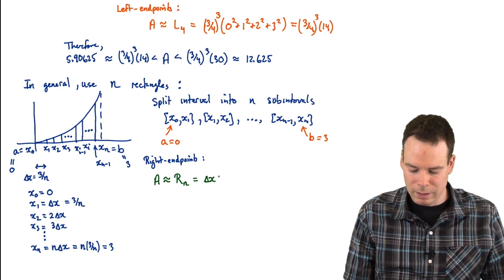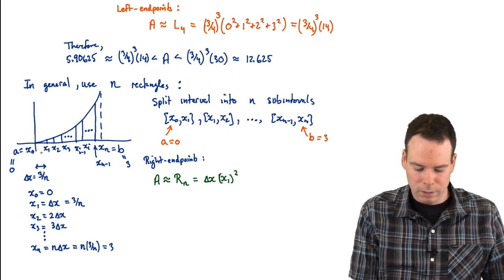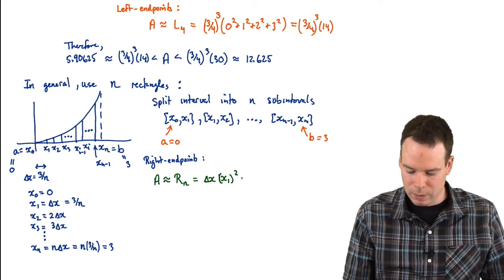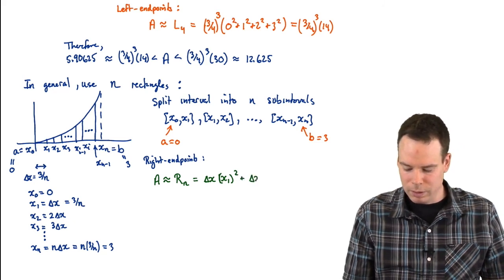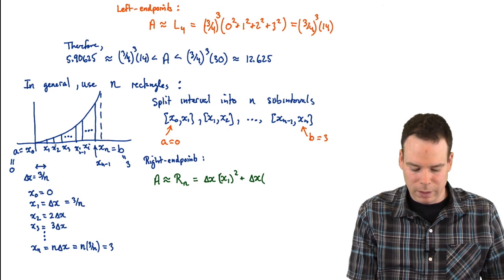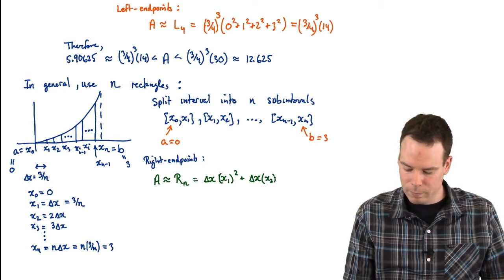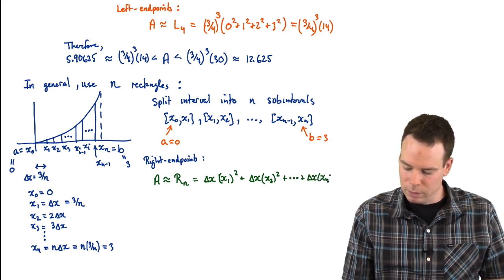What's its height? Its height is going to be the value of x1 squared. What about the next rectangle? Well, its base is delta x. Its height would be x2 squared. All the way up to delta x times xn squared.